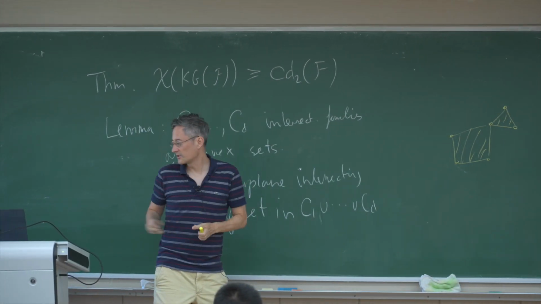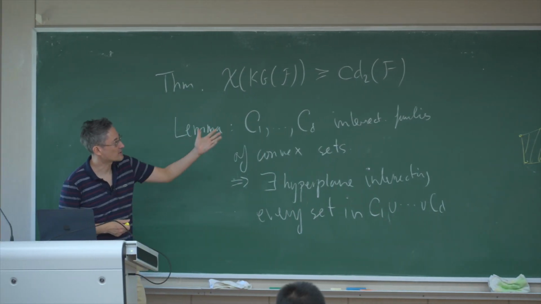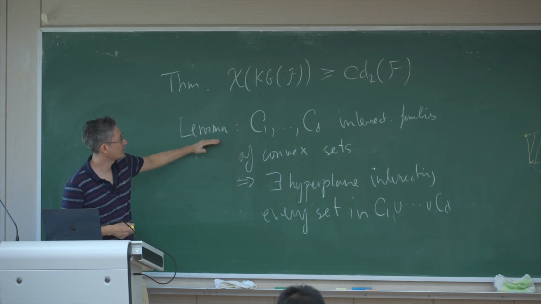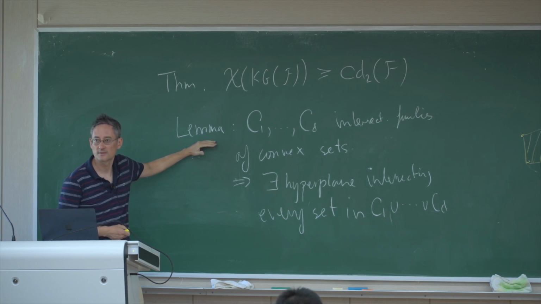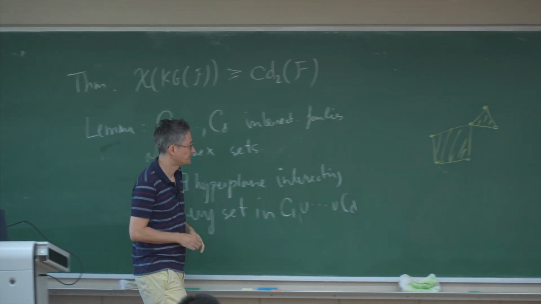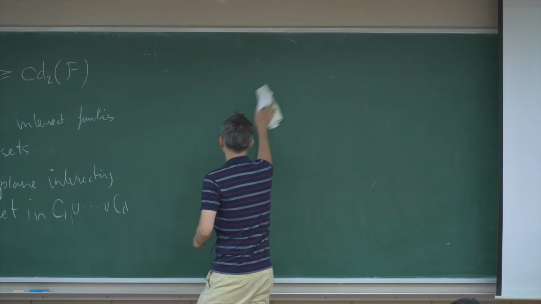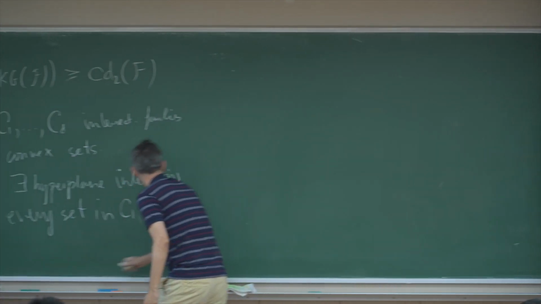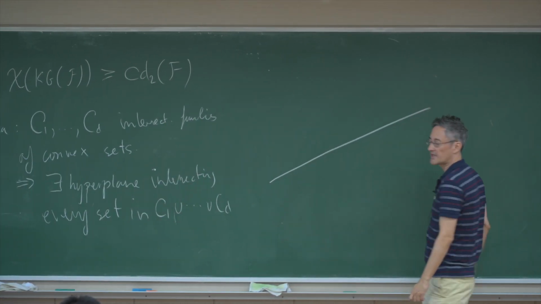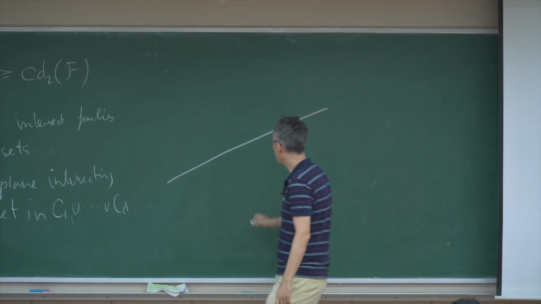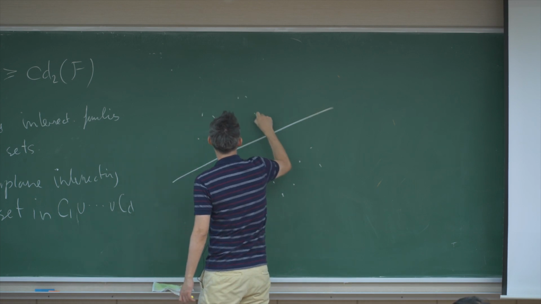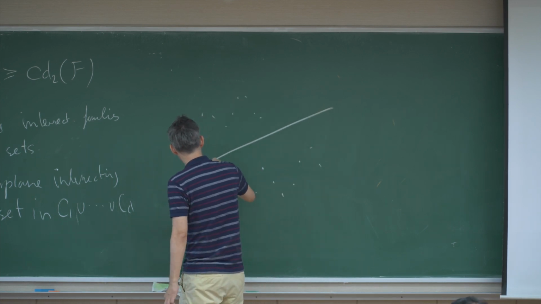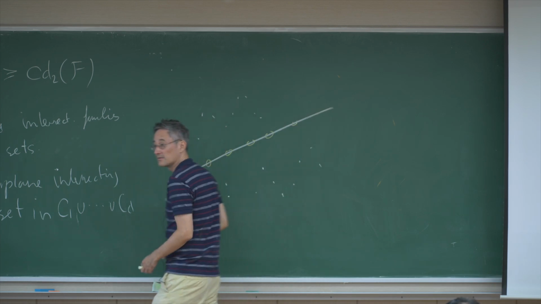Now, what does Dolnikov's lemma say? I was in R^d, I have d families. It says there's a hyperplane that intersects all the convex sets. So there is this hyperplane that intersects all the convex sets. Now there will be some vertices that are here, some vertices that are here, and maybe some vertices that are here.